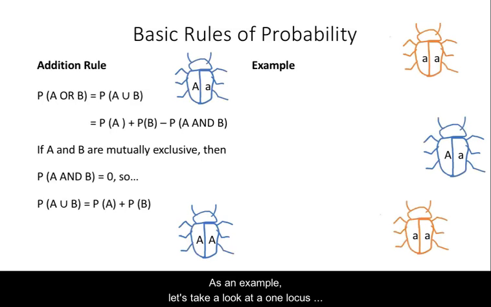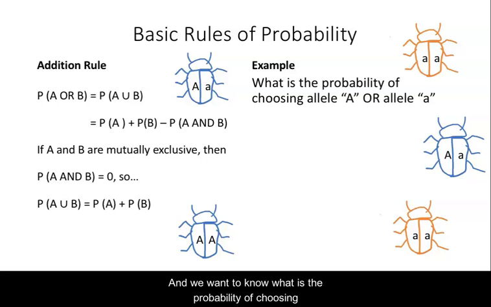As an example, let's take a look at a one locus two allele system in a population of beetles. And we want to know what is the probability of choosing the capital A allele or the lowercase a allele in this little population of beetles that we have here.